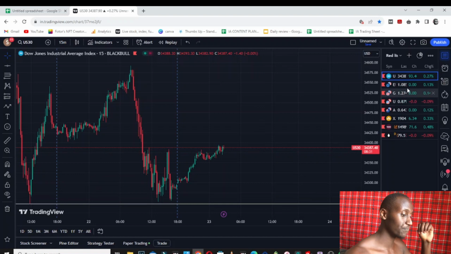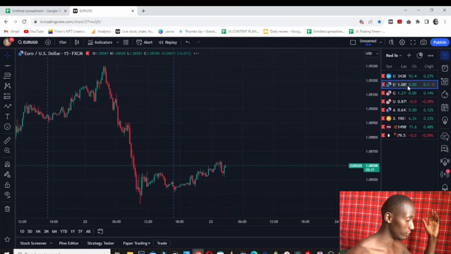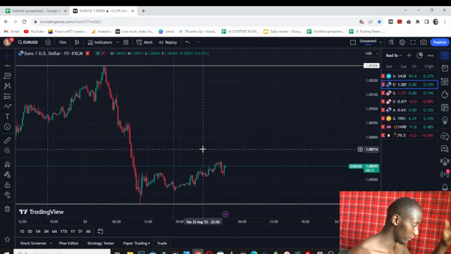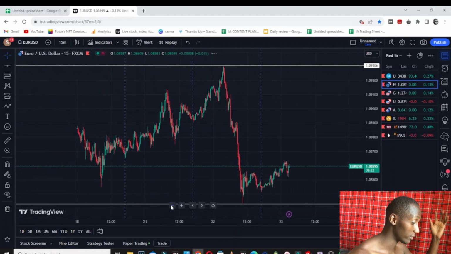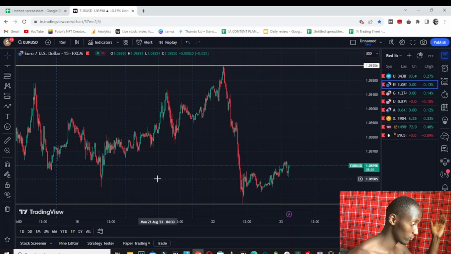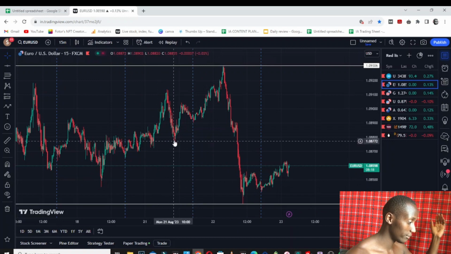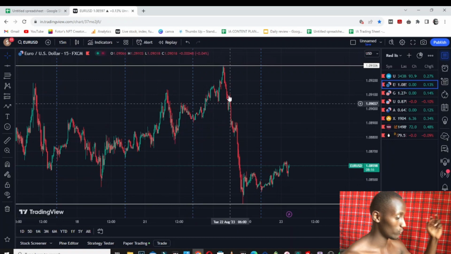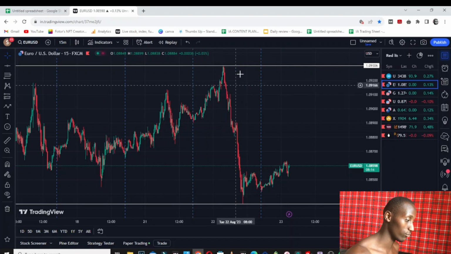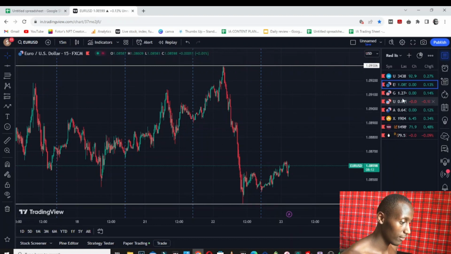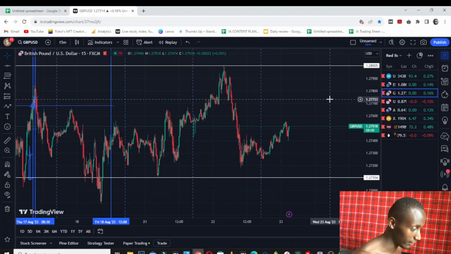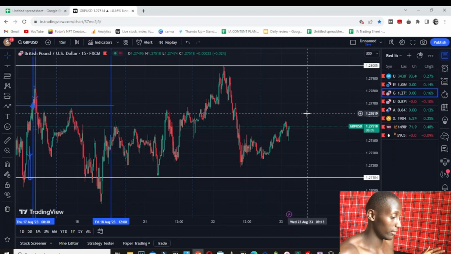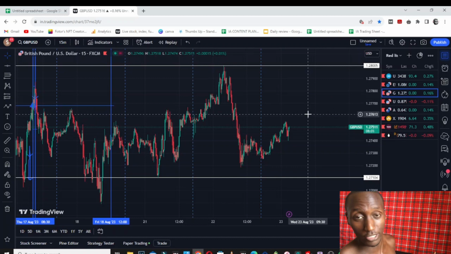What about Euro USD? You can see I've already plotted the high and the low of the week, which was set on Tuesday. So Monday was just another day. So we wait for price to come back to these regions, and the pound, Monday and Tuesday set the high and the low of the week. You can see where I'm heading with this.